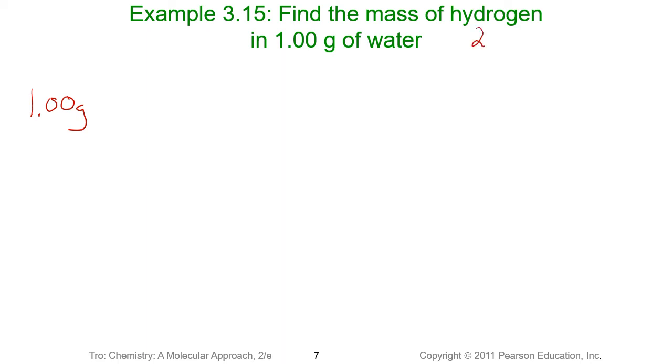So 2 times the mass of hydrogen plus the mass of oxygen gives us the mass of water.